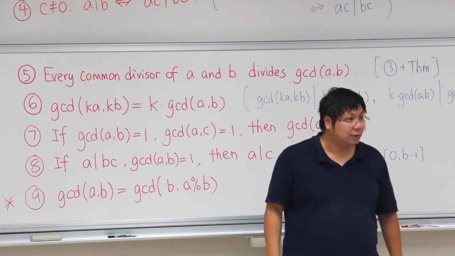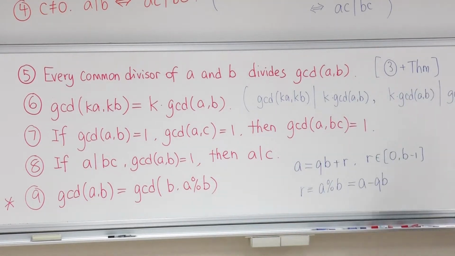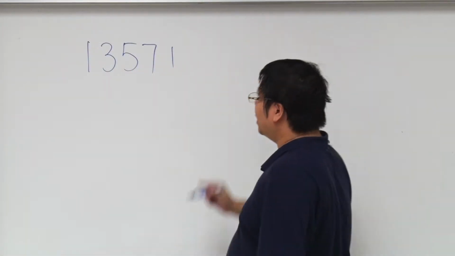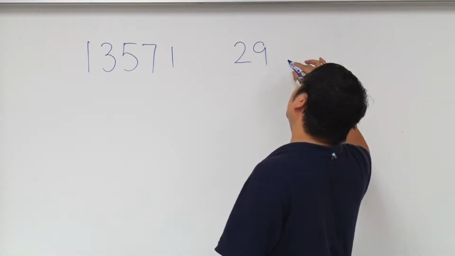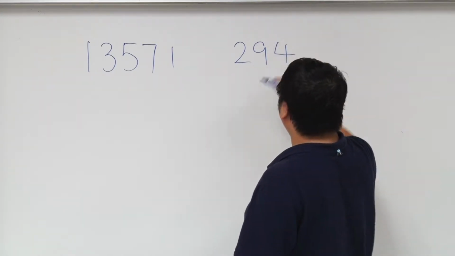Okay, good. And why is it important? This gives us the Euclidean algorithm. So let's have two very large numbers. For instance, 13571 and 294.